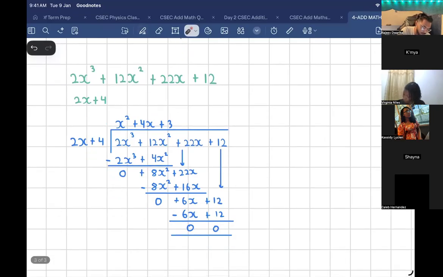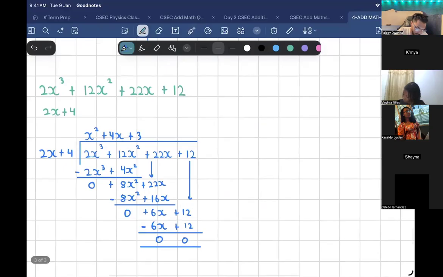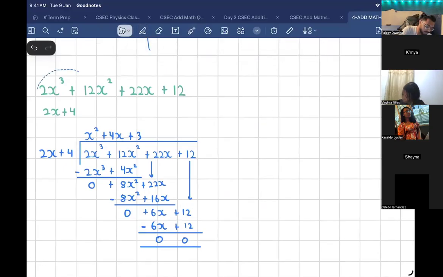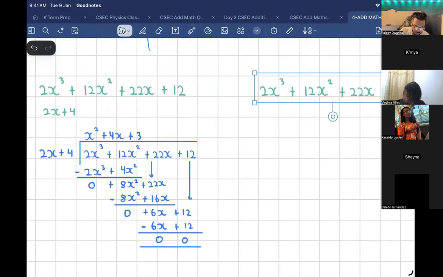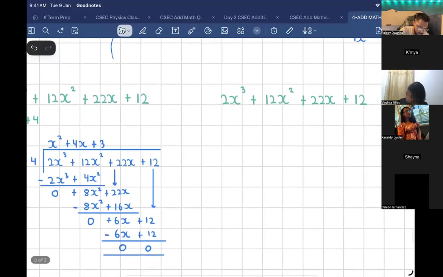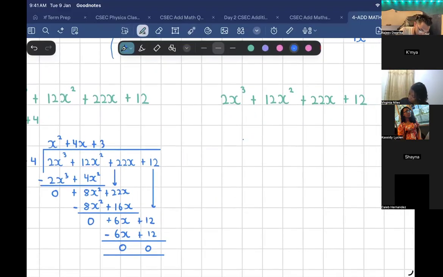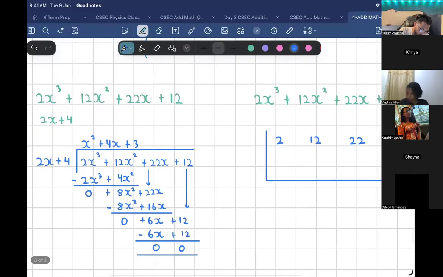Let's try synthetic division now and see what happens. The coefficients are 2, 12, 22, and 12. And I have 2x plus 4.